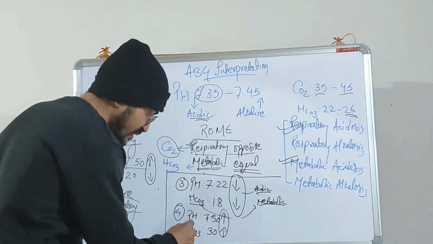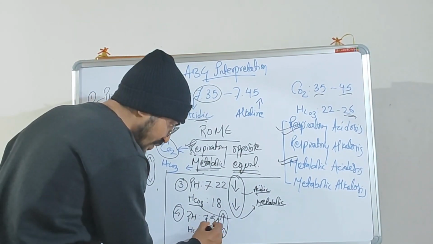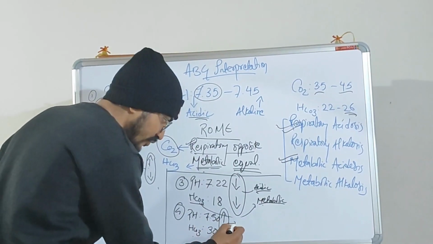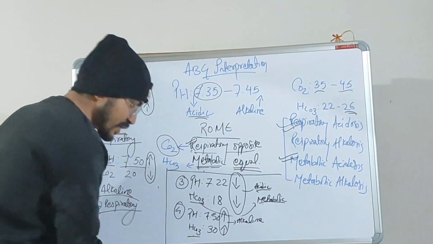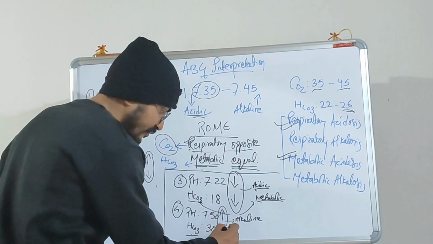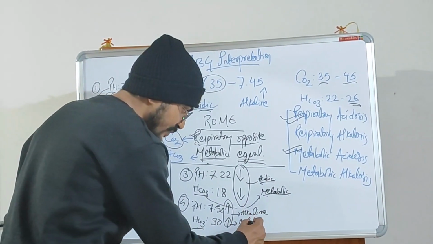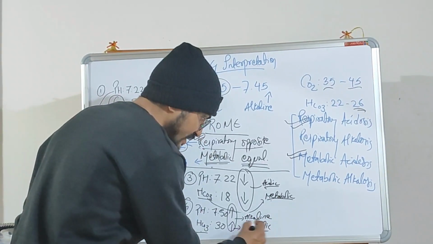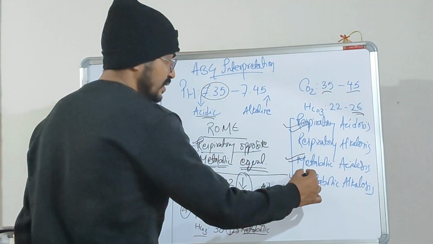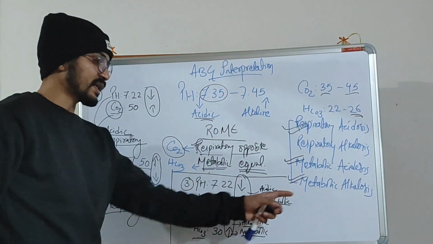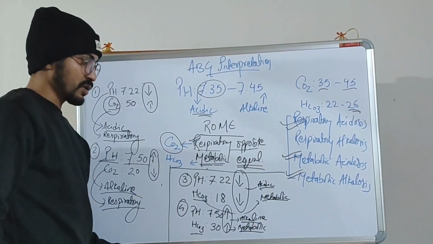So to frame this diagnosis: because the pH is moving upward, it is alkaline in nature. Because we are looking at bicarbonate, this can be called metabolic. So we can frame another diagnosis as metabolic alkalosis.